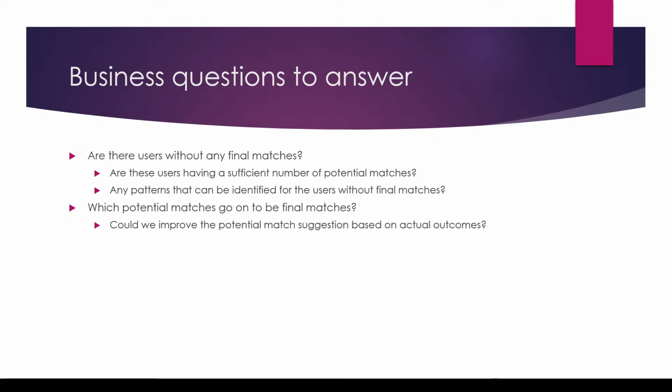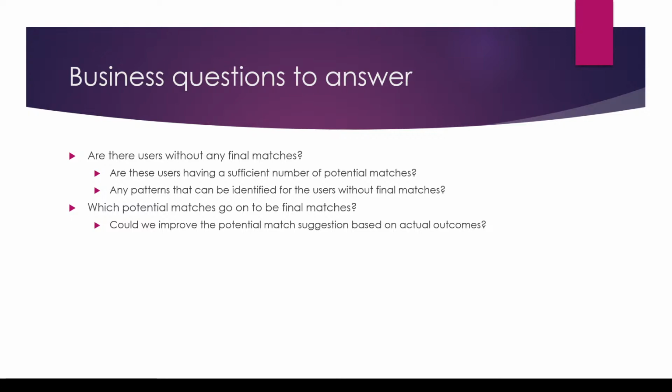They could also ask which potential matches go on to be final matches. This is kind of intelligence to understand if we are giving very good suggestions for potential matches. So when user ID 1 is potentially matched with user ID 7, the app would have run some artificial intelligence to understand how the questions have been answered, what location they live in, and many other metadata that the application uses to come up with that potential match of 1 with 7.